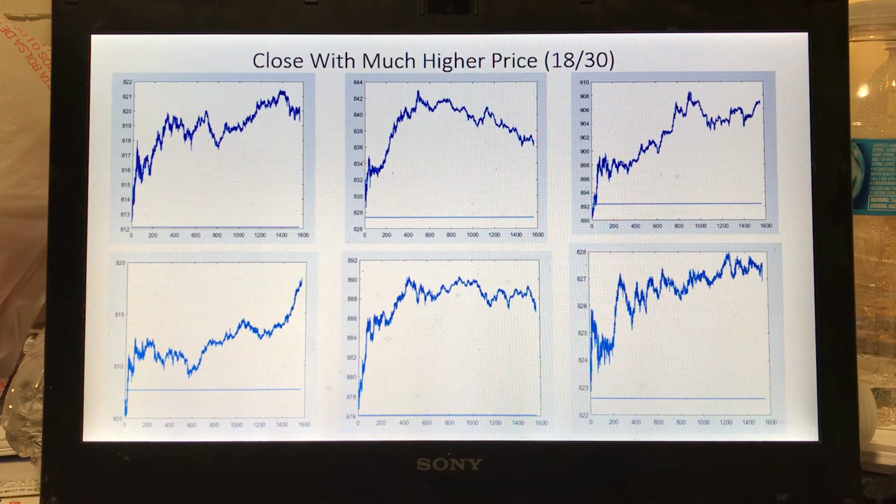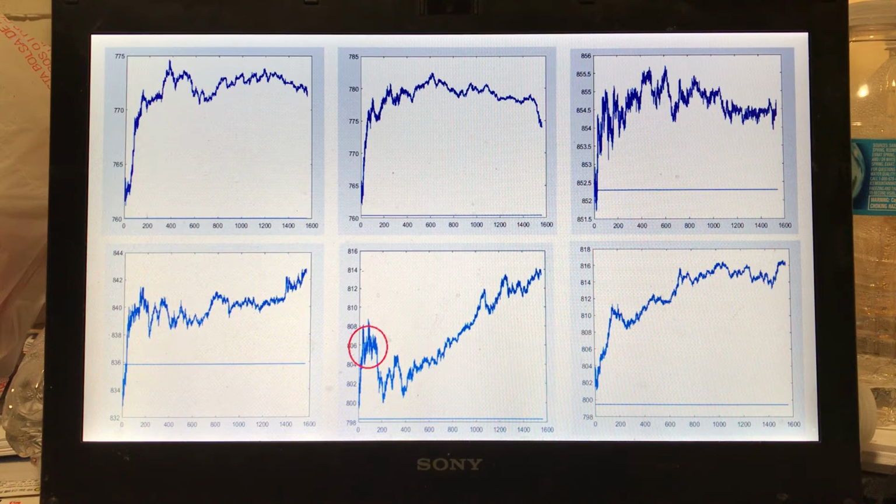So this case can have very much potential. So definitely don't sell your asset when the market opens, and wait to see what happens. Please take a look at these 18 cases about how the stock prices behave.